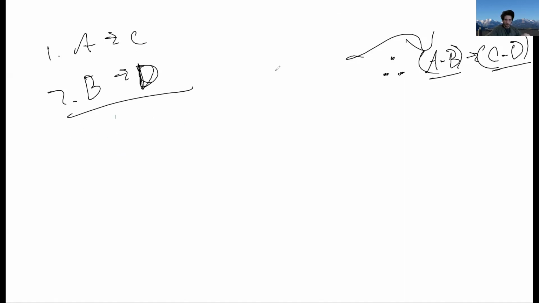But what you always want to check is: is my conclusion a conditional? Because if your conclusion is a conditional, what you're really trying to prove is that if A and B is true, then C and D is true.